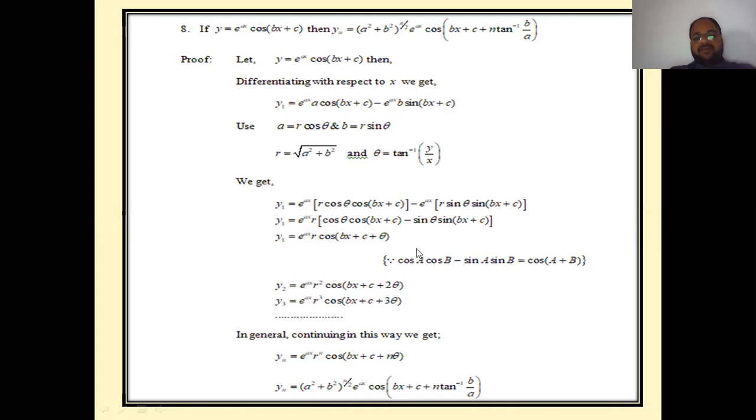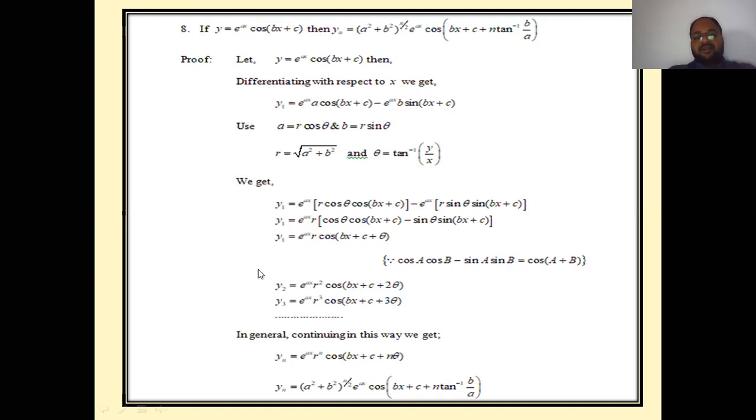Now this is the expansion of cos a cos b minus sin a sin b, means it is the expansion of cos of a plus b. So instead of this whole term, we have to use cos of bx plus c plus theta, because this bx plus c is one of the angles, say a, and theta is the another angle, say b, means we get a plus b means bx plus c plus theta.